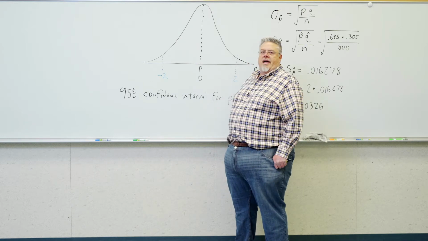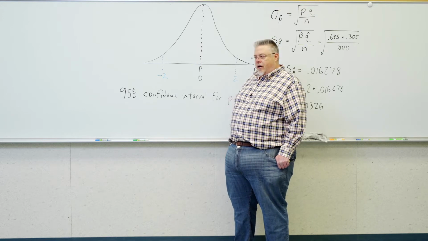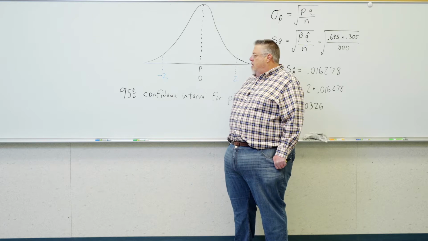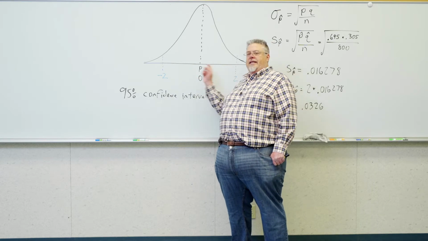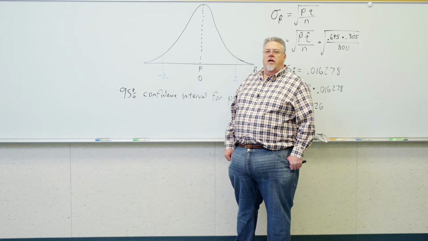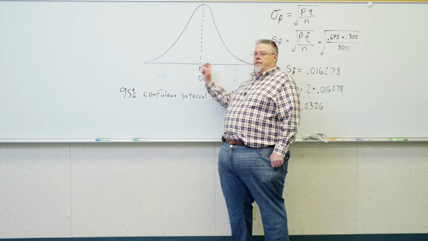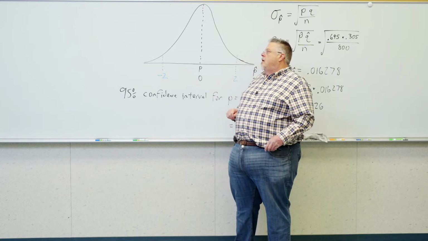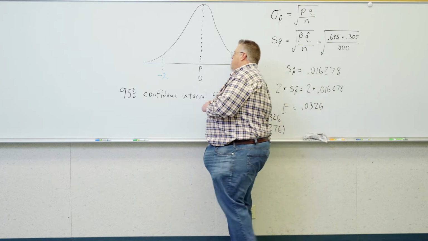In fact, I'm going to try to tweak that and make it a little bit better right now. So we're going to learn how to get this number, at least a couple different ways of getting it. One way is to use our z-table backwards.